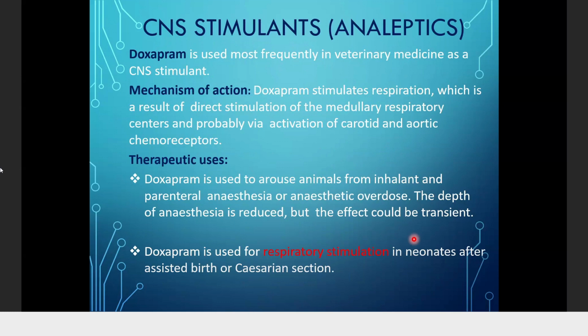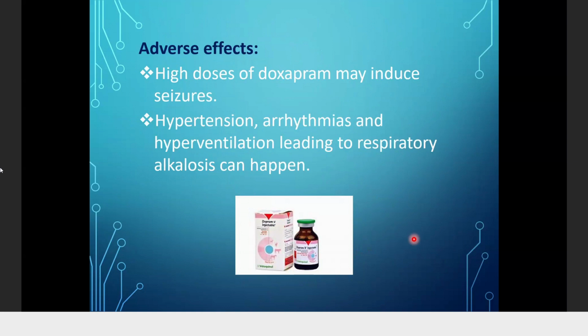This drug is also used as a respiratory stimulant in neonates after assisted birth or cesarean section. So doxapram is used as a stimulatory drug in animals. Now the adverse effects of this drug.